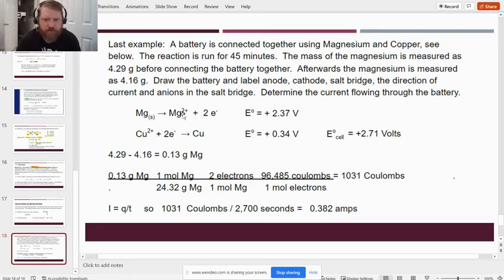All right. Draw the battery, label the anode, cathode, salt bridge, direction. I'd like you all to do that. The magnesium is losing electrons, so it should be the anode. The copper is gaining electrons, therefore the copper should be the cathode. After you draw those two beakers, you got the magnesium in the magnesium solution, you got the copper in the copper solution.